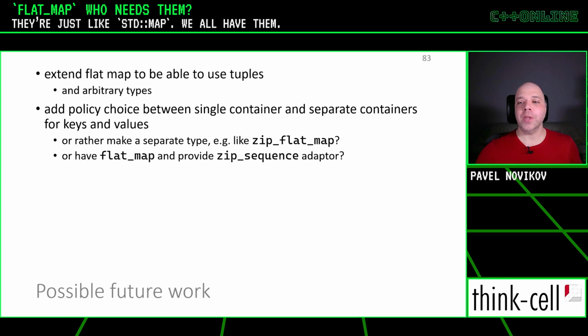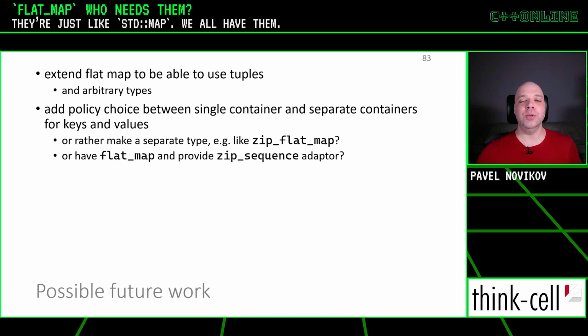And we're coming to the end of my talk. As a conclusion, here is possible future work that I would like to see happening. Well, first and foremost, I would like to use tuples with flat maps, or maybe even arbitrary types. And for standard flat map, I would like a policy to be able to choose between single containers for elements and separate containers for keys and values.